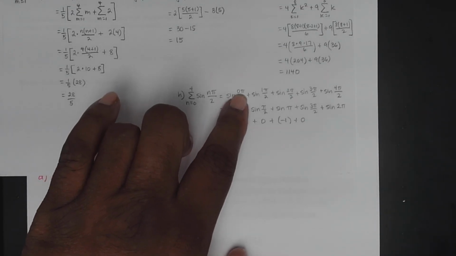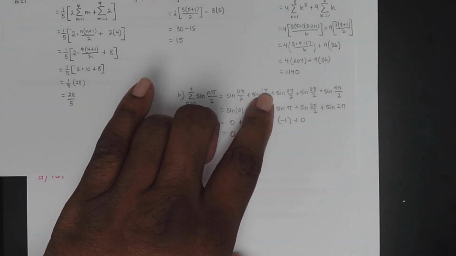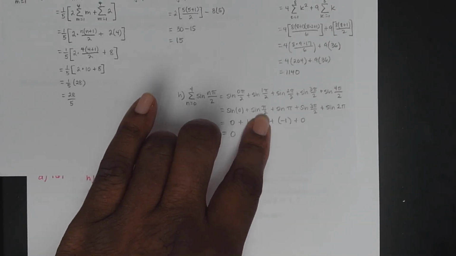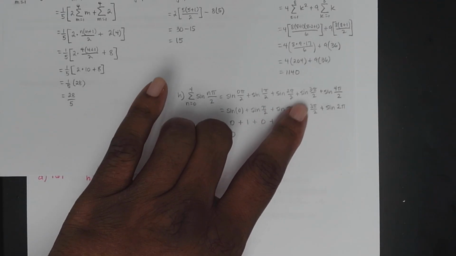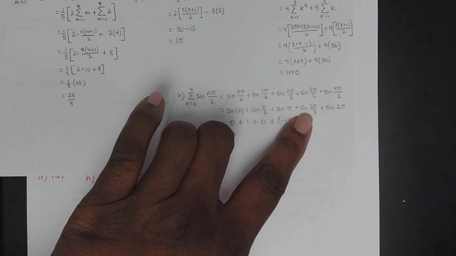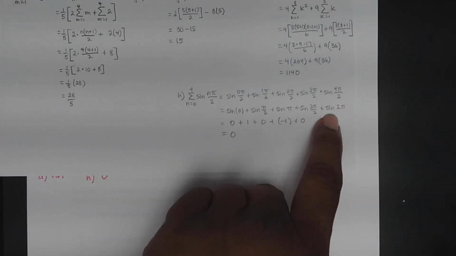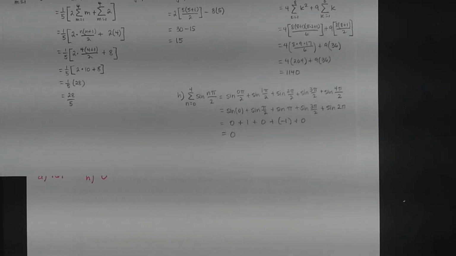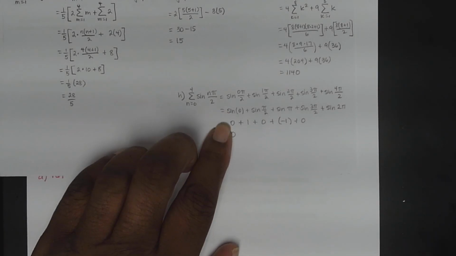Well, 0 times pi is 0, divided by 2 is 0. 1 times pi over 2 will be sine of pi over 2. Sine of 2 pi over 2 will be sine of pi. Sine of 3 pi over 2 will still be sine of 3 pi over 2. And then sine of 4 pi over 2 simplifies to sine of 2 pi. And then you have to use your unit circle to know that sine of 0 is 0.